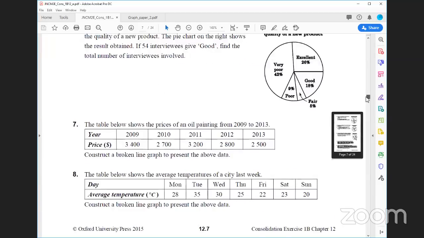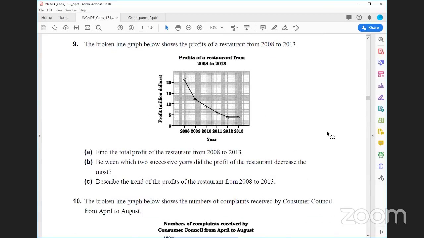For number 7 and number 8, you are required to draw the broken line graph. And then starting from question 9, you should learn how to read the graph. It means how to get the information from the graph. And for this one, you can also refer.